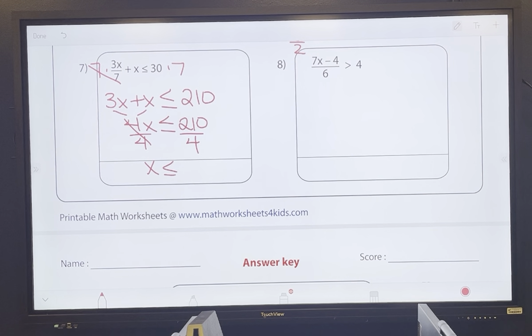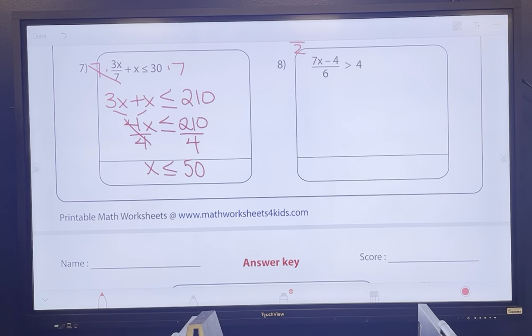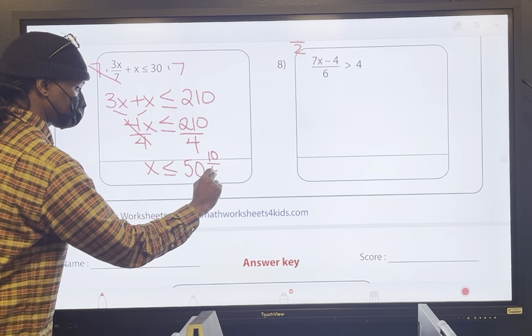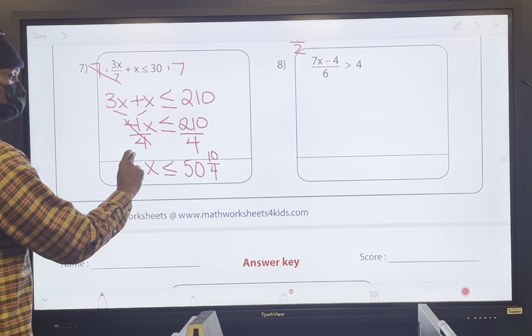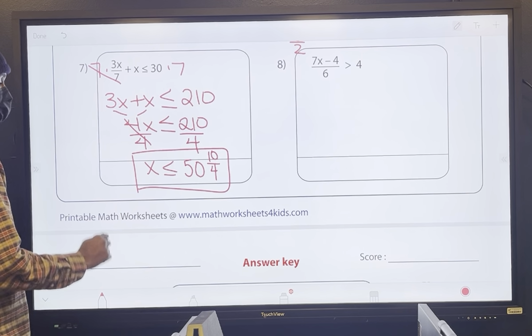Yeah, but I want to keep it as a fraction. We can put 52 and 10 over 4. I'll take 52 and 10 over 4. So that'll be your answer for that. X is 52 and 10 over 4.